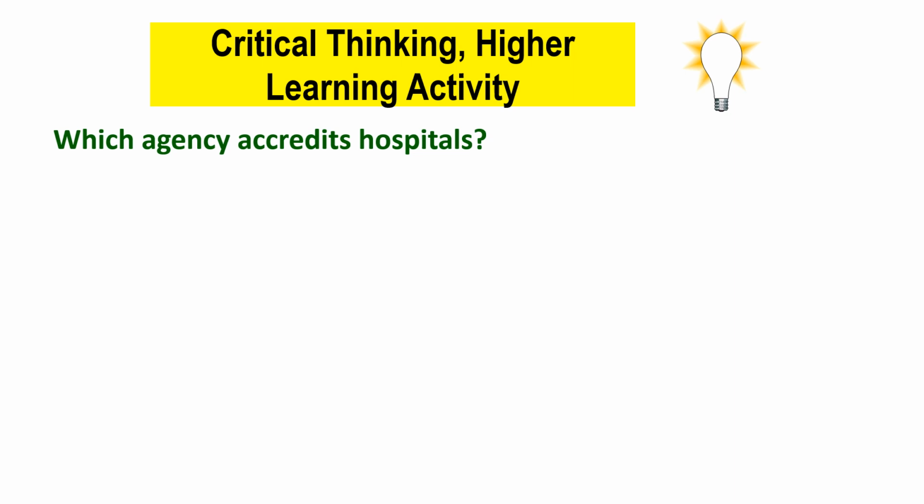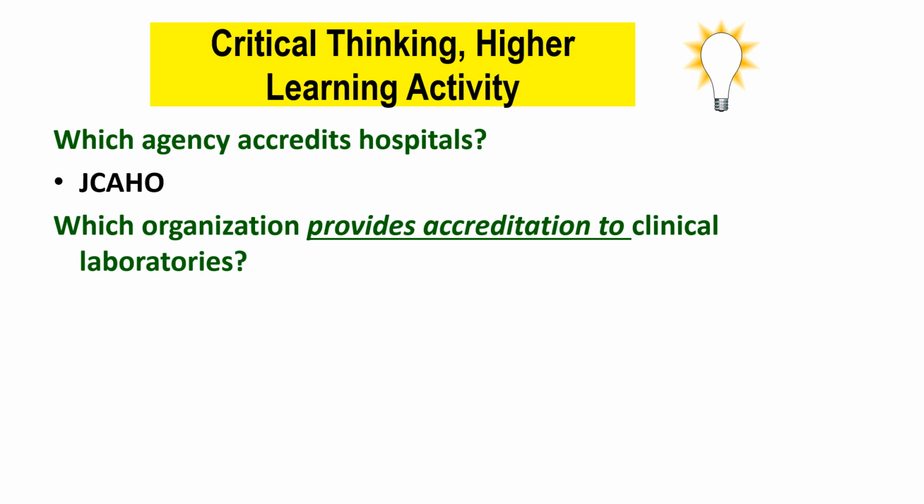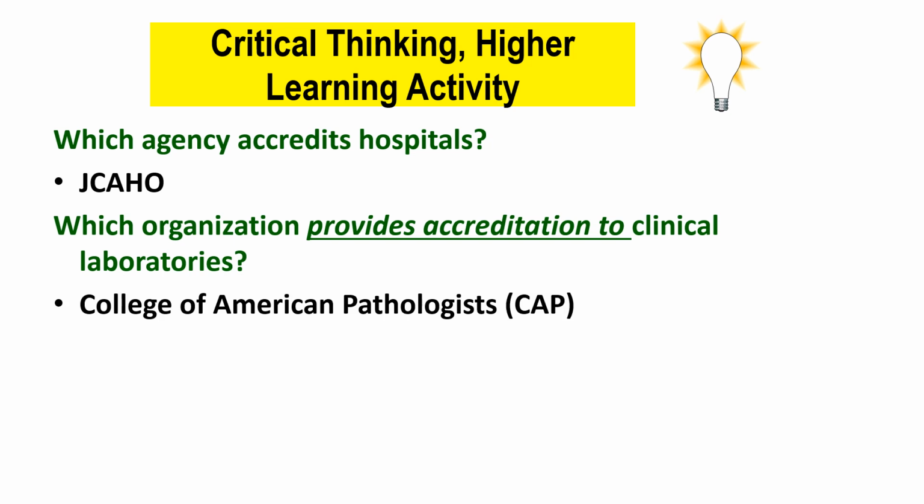What agency accredits hospitals? JACO, right? Joint Commission. What organizations provide accreditation to clinical laboratories? CAP, right? Guys, keep going over it. Remember, that's how we learn, is to go over it, then put it to the side, have someone ask you the questions that you're filling out right now in your lecture binder, and this is how you learn.